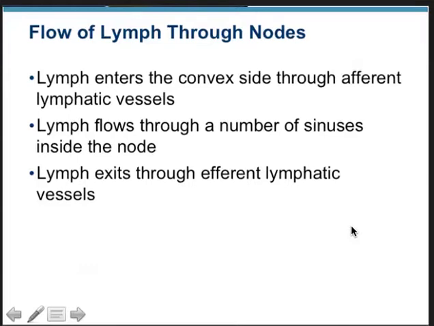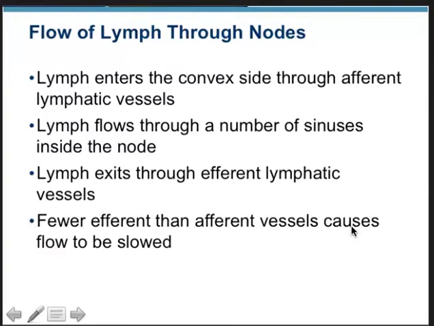The lymph then exits through the efferent lymphatic vessels. There are fewer efferents than afferents, and the purpose is to provide time for the lymph node to process the fluid that's coming into it and filter the pathogens out before they get a chance to make us sick. So slow flow in this case is good flow.